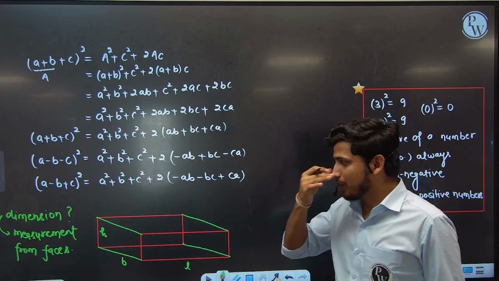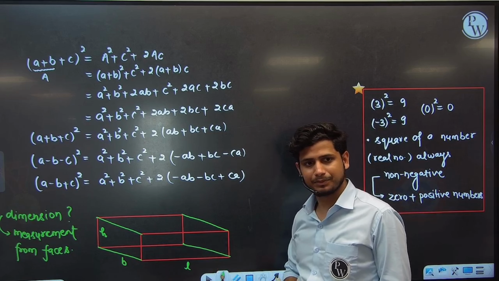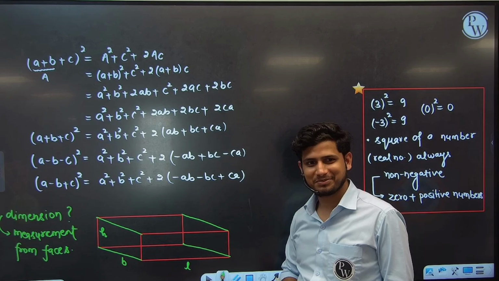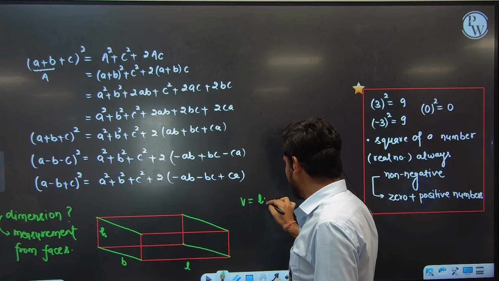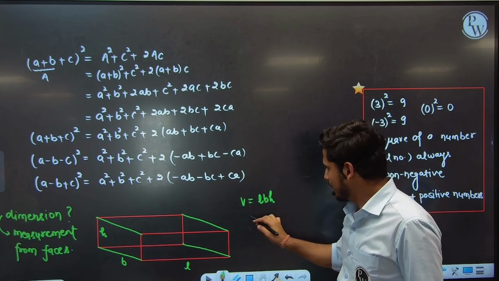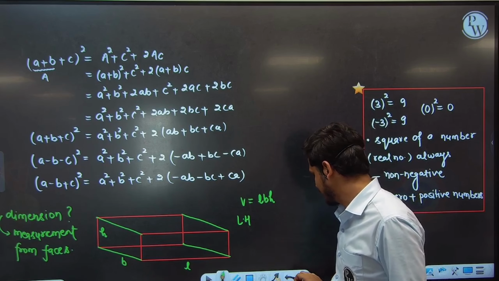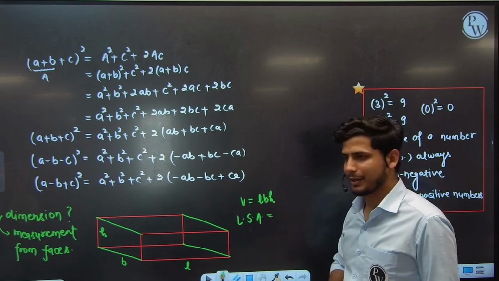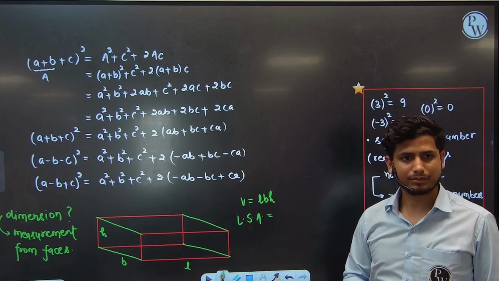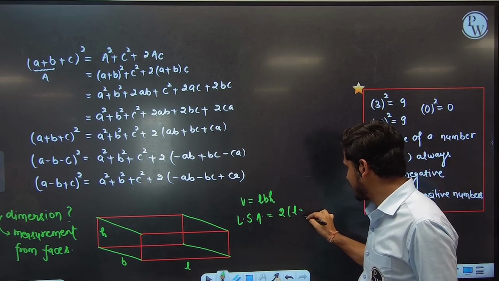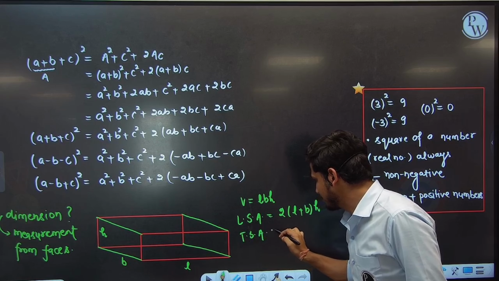Tell me, what is the formula for the volume? L into B into H. So V is equal to L into B into H, V for volume. Now LSA, lateral surface area. It means area of 4 walls. So twice (L plus B) into H. And tell me TSA, total surface area.